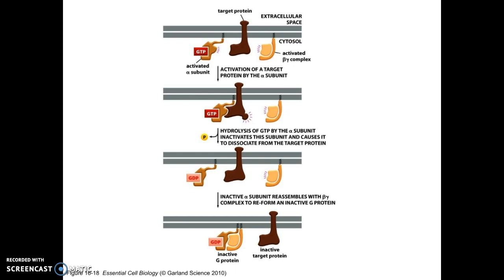So the GTP bound has a conformational change that allows it to activate or bind to and activate an enzyme, and then that enzyme causes some sort of intracellular signaling cascade. Then over time, the G alpha subunit may hydrolyze its GTP to GDP, and that's going to cause it to go back to the inactive form.